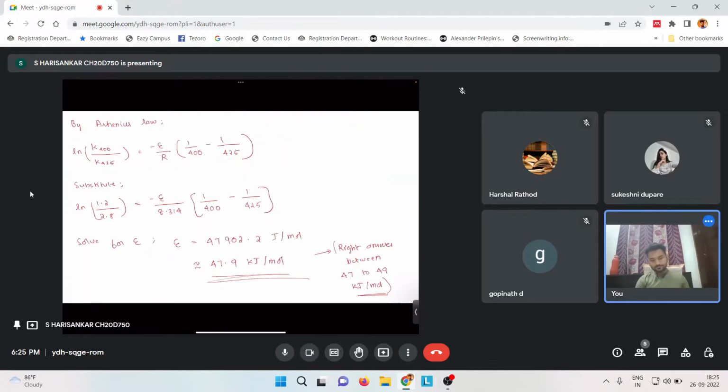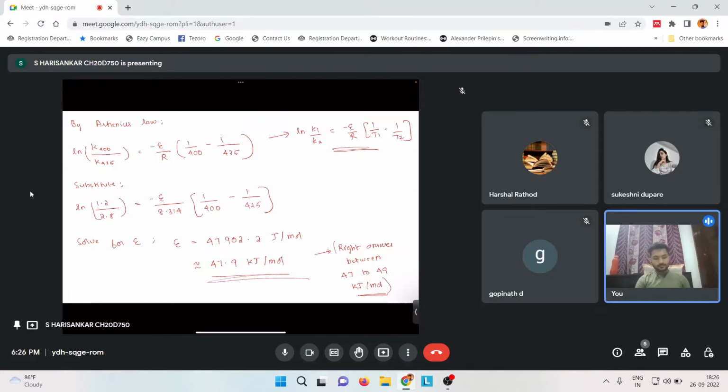So by Arrhenius law, ln K1 by K2, or here to avoid confusion I have written it as K 400 Kelvin by K 425 Kelvin, is equal to minus E by R into 1 by 400 minus 1 by 425. So this is basically the form ln K1 by K2 equals minus E by R into 1 by T1 minus 1 by T2. So we saw that this is the general equation for Arrhenius law. We just substituted all these values in this equation.